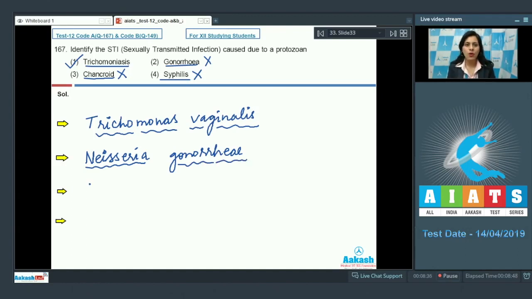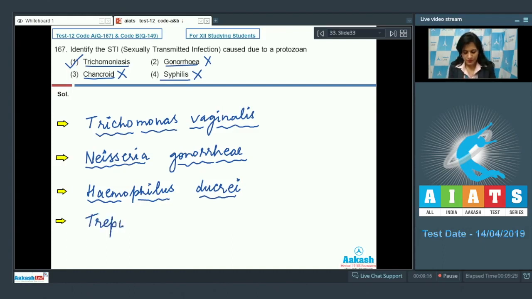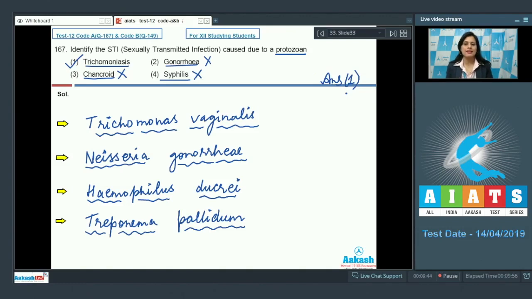Whereas chancroid is caused by gram-negative bacillus called Haemophilus ducreyi. And syphilis is caused by bacterium Treponema pallidum. So the only protozoan disease among the given option is option number 1, trichomoniasis. Let's discuss our next question.